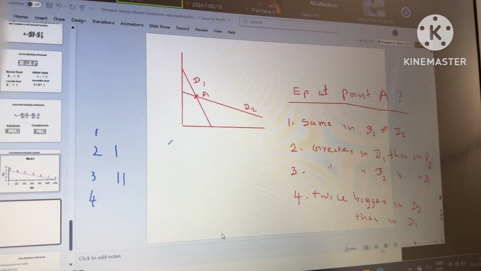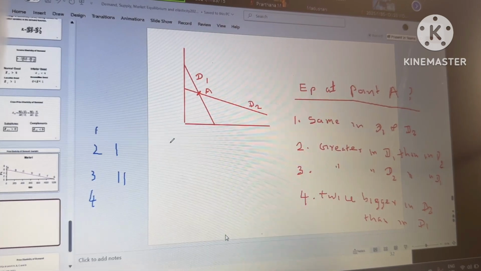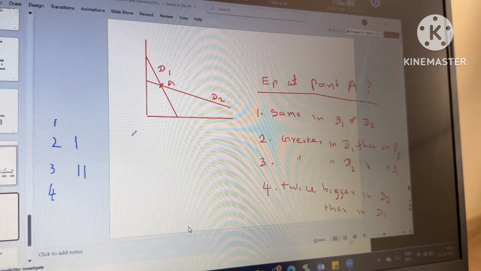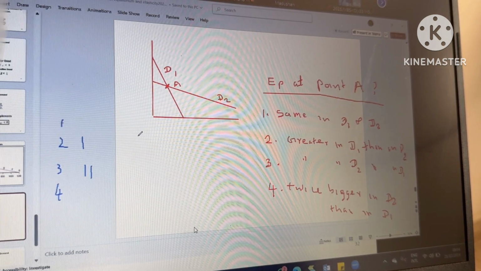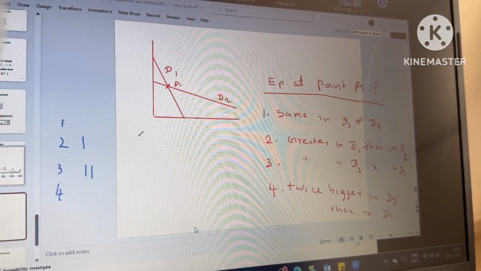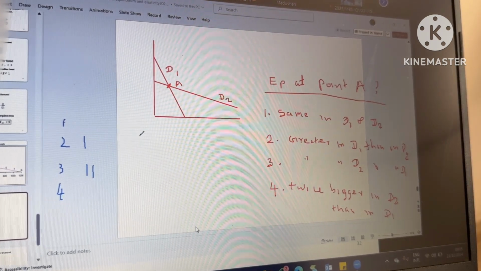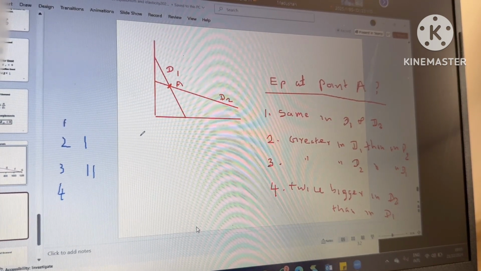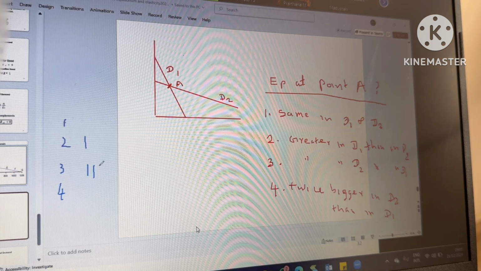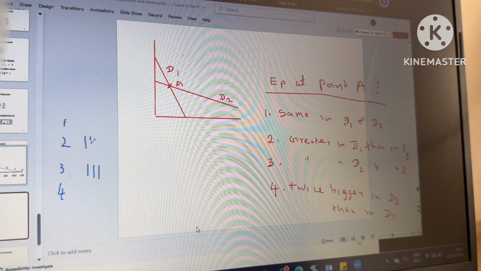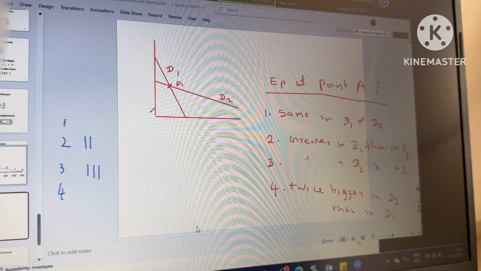How about the others? At least 20 students should answer this question. Number 3. 3 votes for candidate 3. Number 2. Now there's a close competition. 2 for candidate number 2.